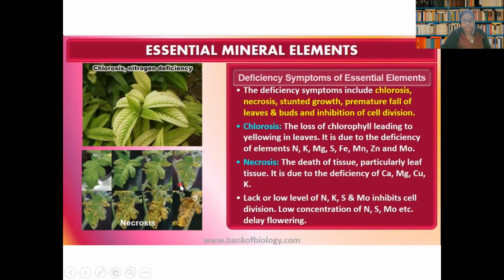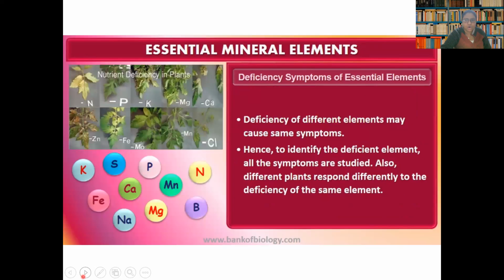If it has magnesium deficiency, then also chlorosis. And if it has deficiency of molybdenum, it will have delayed flowering as well as chlorosis. So how is it possible for a person to understand which element is deficient? Because for a single symptom, more than one element is deficient.